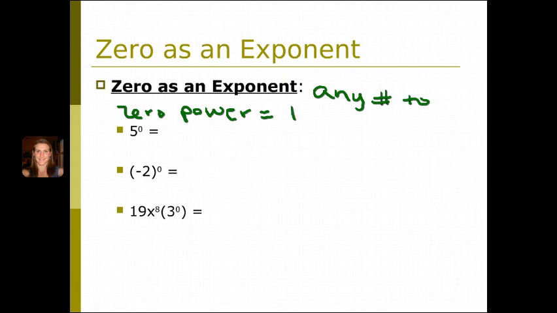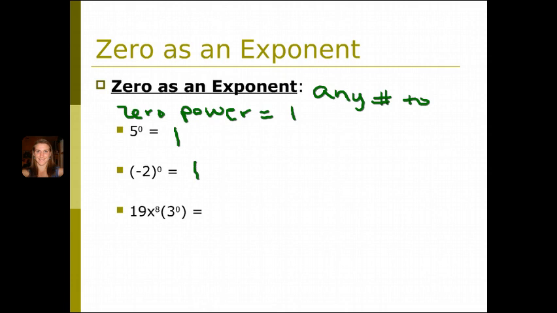It's a pretty simple definition when you think about it. When you have 5 to the 0 power, because it's raised to the power of 0, that whole term equals 1. If you look at the second example, you have negative 2 to the 0 power. That whole term equals 1.